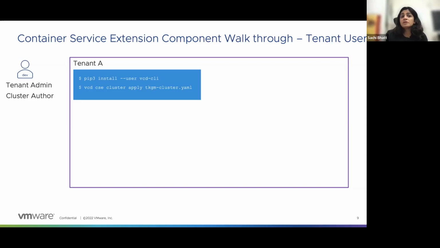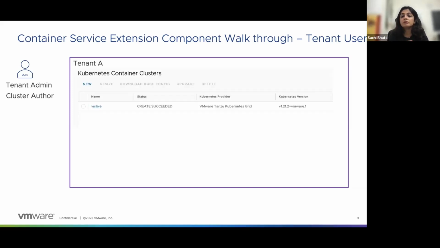Some users are not going to log into VCD at all. They can simply use this VCD CLI, get a sample of the cluster configuration, and create a cluster, and get the same outcome as the UI plugin. In this example, I'm showing a screenshot where I've created one cluster with TKG version 1.21.